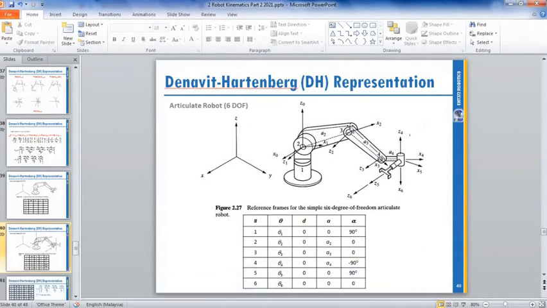So you have rotation on theta, on Z. Okay, joint 4. You have rotation on theta 4 because you rotate on the Z axis.